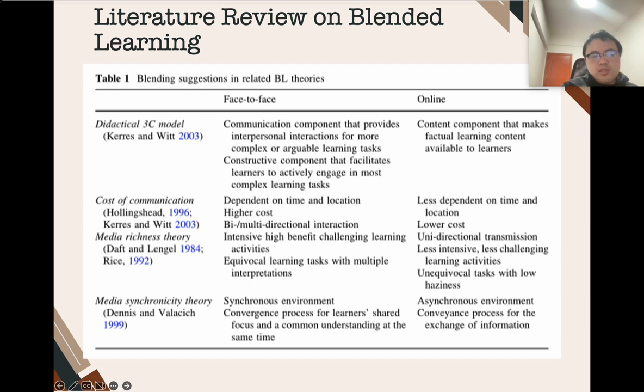The media richness theory cites the fact that the richer media should be allocated to the more important or more equivocal tasks, and the less rich media should be allocated to the unequivocal tasks.